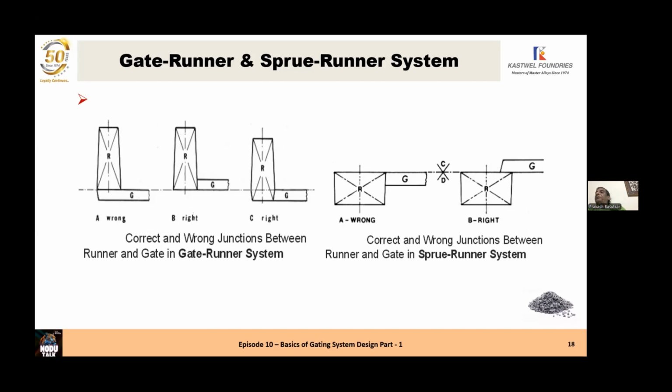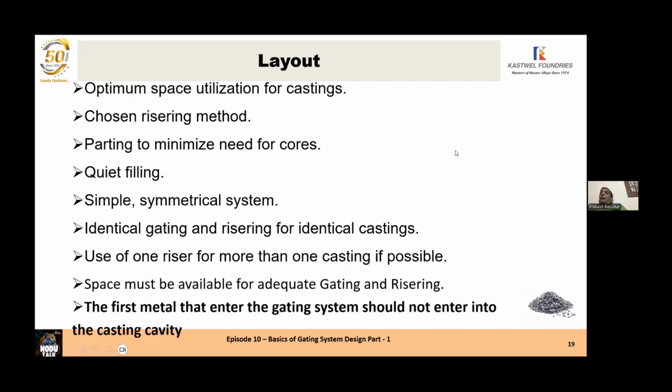In the right hand side, the bottom surface of the gate is below the top surface of the runner bar. That's why it's a wrong design. The metal with the slag, air, and sand will be entering into the casting if you use a wrong gating system in the non-pressurized system.